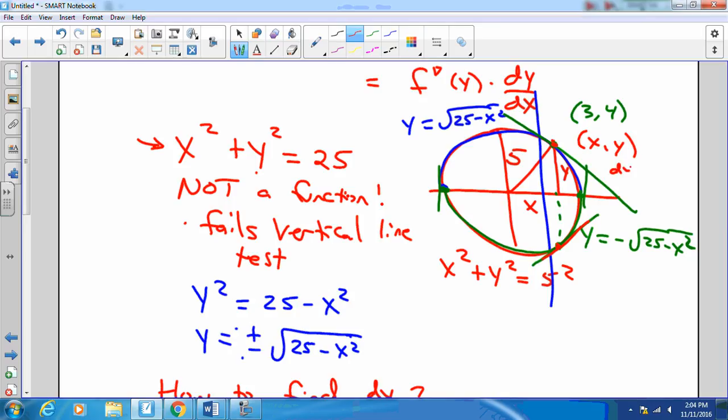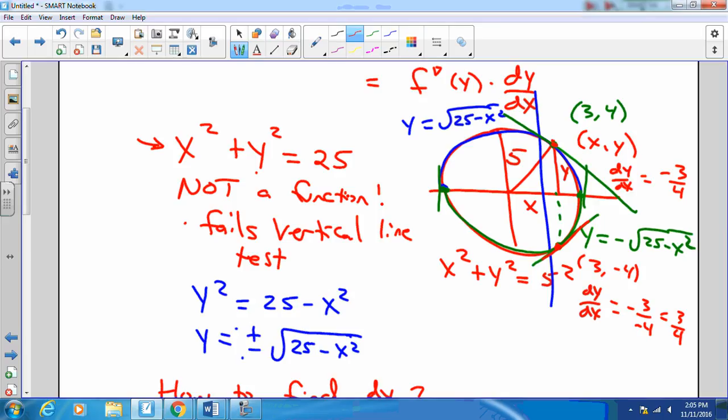So when (x, y) is (3, 4), dy/dx will be equal to negative x over y, or negative 3/4. And when (x, y) is (3, negative 4), then dy/dx will be equal to the opposite of 3 over negative 4, which is positive 3/4. So these two tangent lines have opposite slopes.